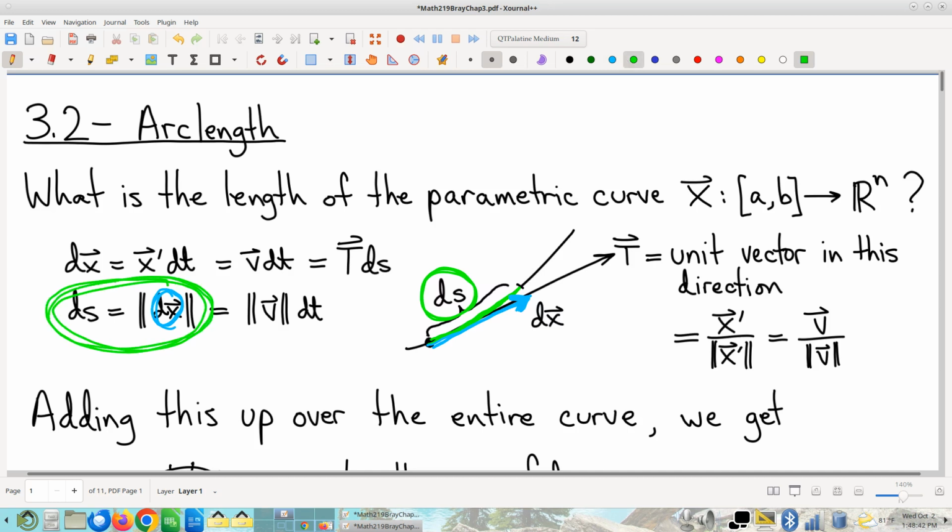Again, I think that's a pretty easy pitch. Again, it's just an estimate. It's not perfect, but a pretty reasonable estimate. And by the way, another way to say that, keeping in mind that dx is v dt, is that the magnitude is the magnitude of v times dt.